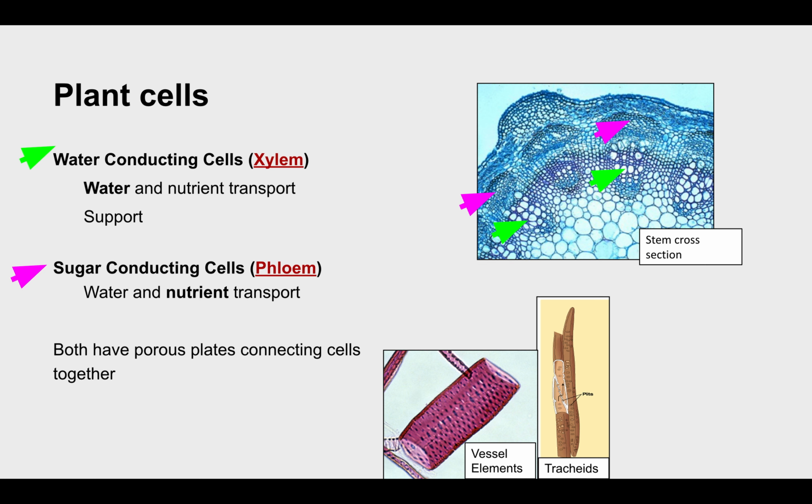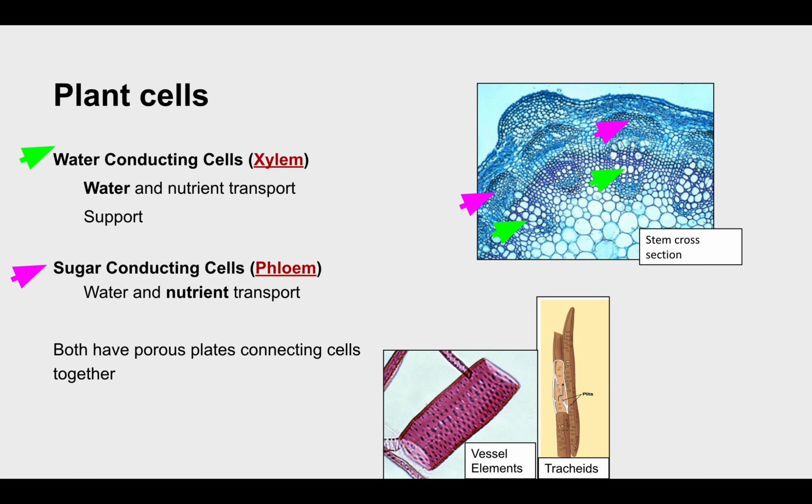Xylem tends to move water in one direction, so from the roots to the leaves, whereas phloem can move sugars and water in many directions. So they can move it from where they are stored to where they are needed. And that tends to be another major difference between how they function.